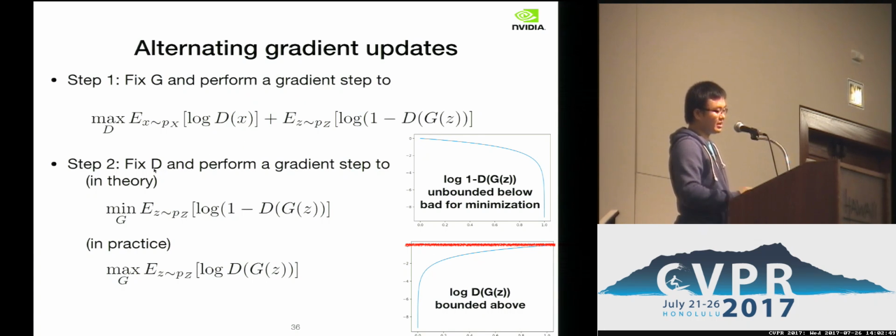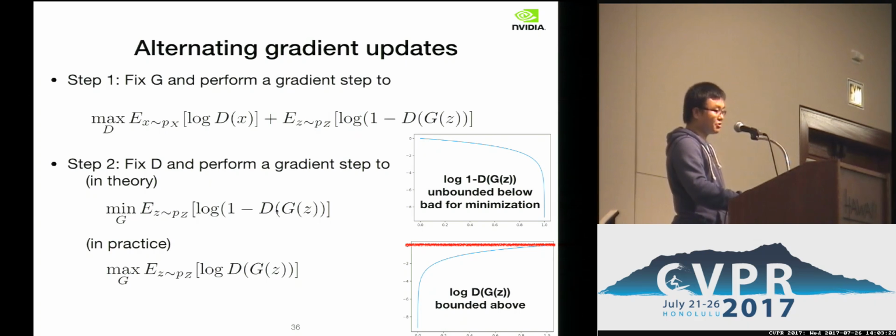In the second step, we fix the discriminator and perform a gradient step on the generator, solving this optimization problem. You basically want to minimize this term. But in practice, instead of minimizing 1 minus D of G of z, we actually maximize log D of G of z. It says that we want the synthesized image to have high log likelihood.